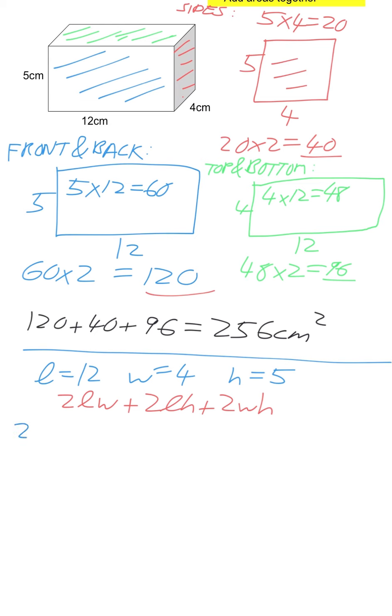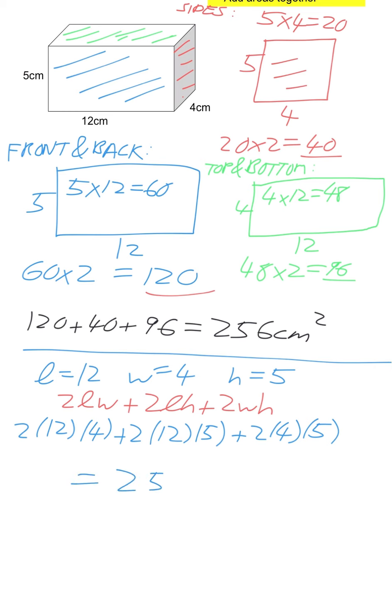So putting all these values into the formula now, so 2 times 12 times 4, plus 2 times 12 times 5, plus 2 by 4 by 5. So then putting all of this into our calculator, we get 256 centimeters squared. So remember, for area, your unit will always be squared.